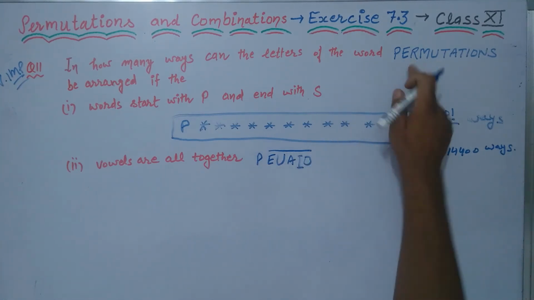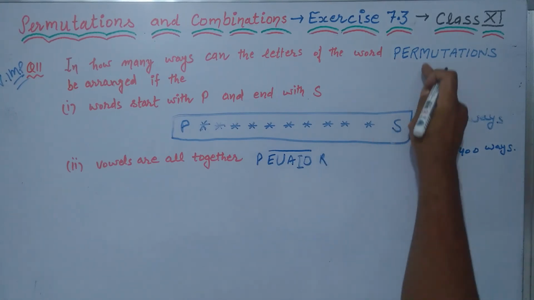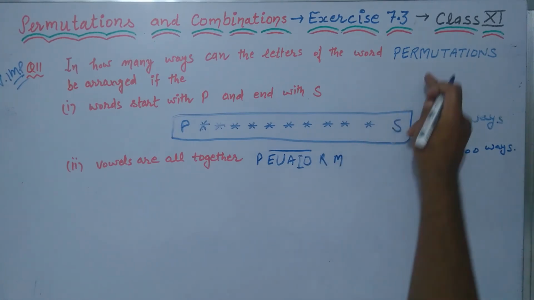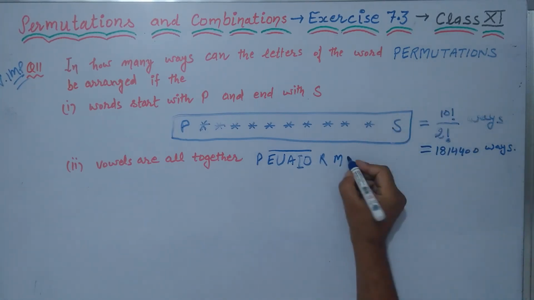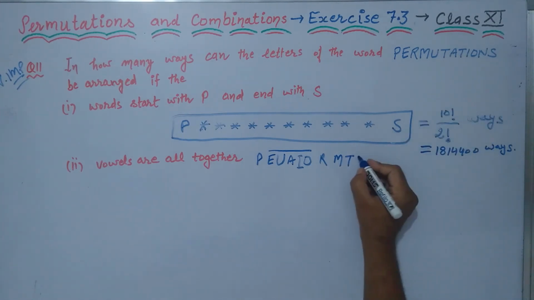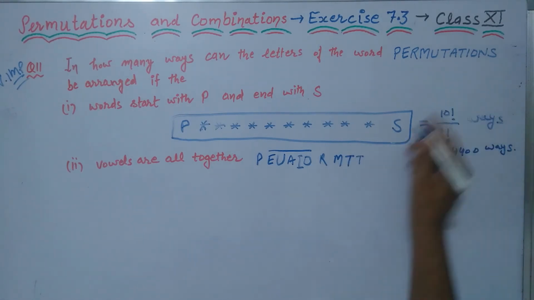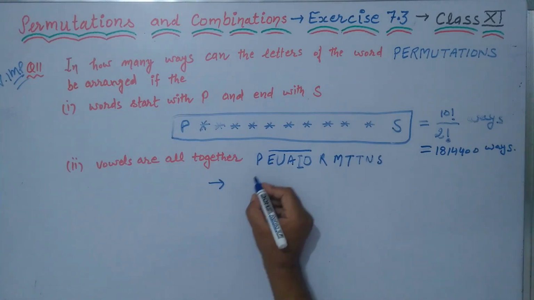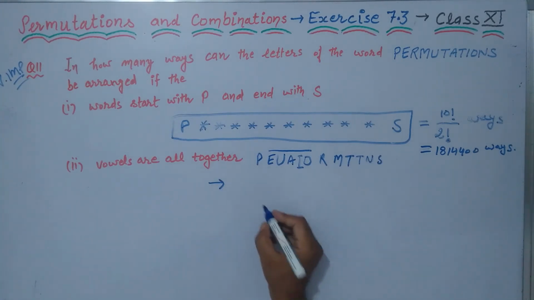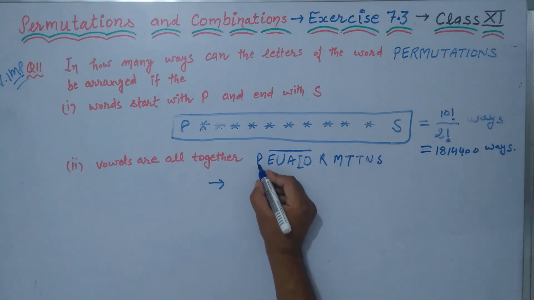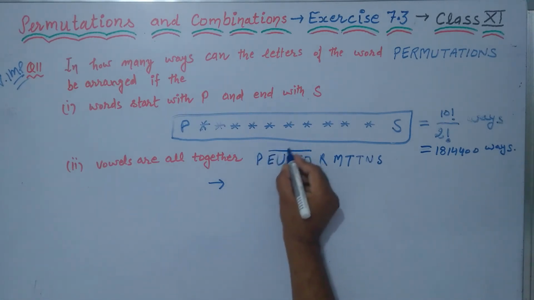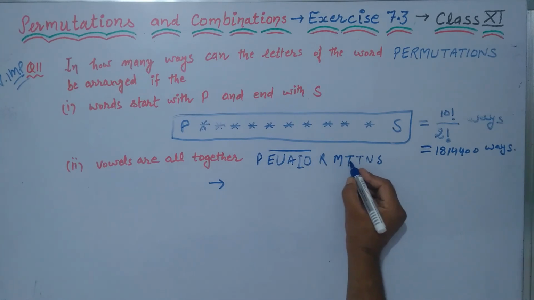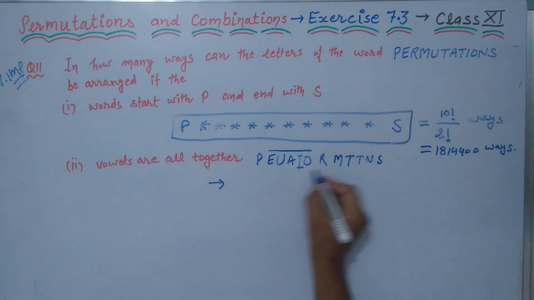After E we have R, then M, then T, again T, N, S. So total letters to be considered here: 1, 2, 3, 4, 5, 6, 7, 8.